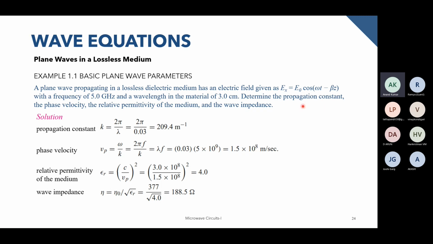We were supposed to find the propagation constant, the phase velocity, the relative permittivity, and the wave impedance. Using whatever we had discussed up till now, we calculated the propagation constant, which was 2 pi by lambda. Then the phase velocity could be calculated using lambda f or omega by k. Whatever information was needed to calculate these terms was already given. So we did this numerical.